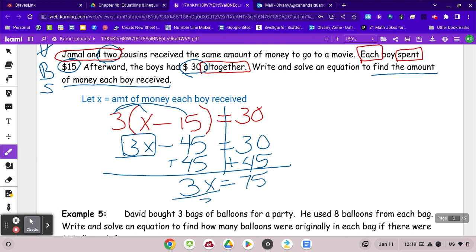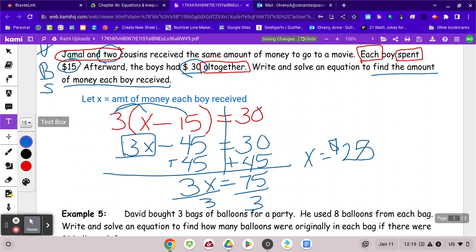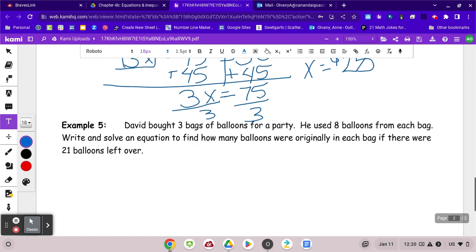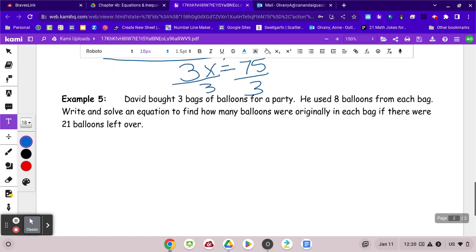And the inverse of multiply is divide. That means that each kid received $25. That looks weird, but it's okay. Each boy, I'll spell received right this time, received $25. That's your answer. Awesome. The next one, you can pause it and try on your own or just follow along.